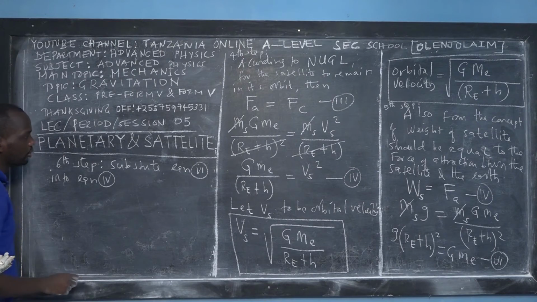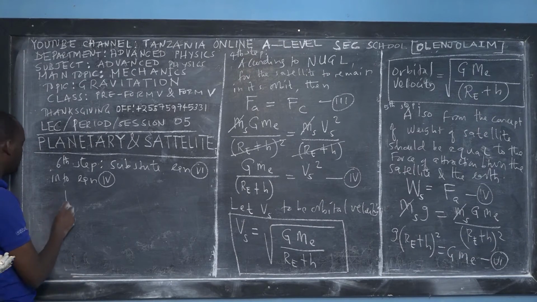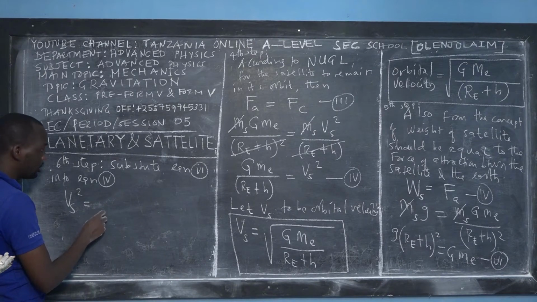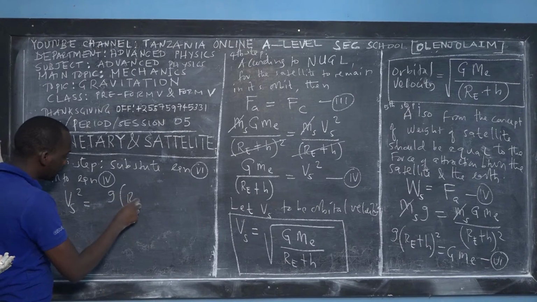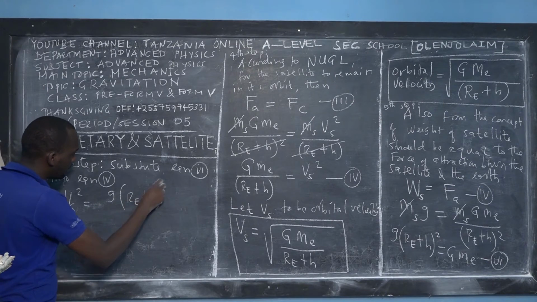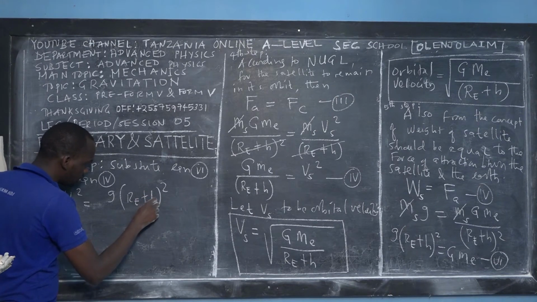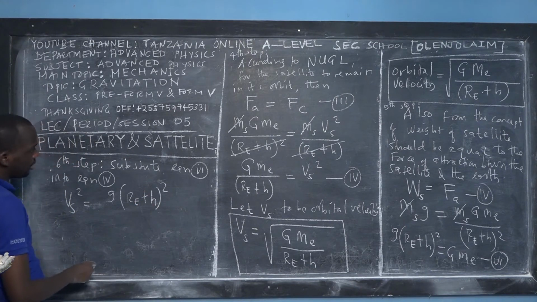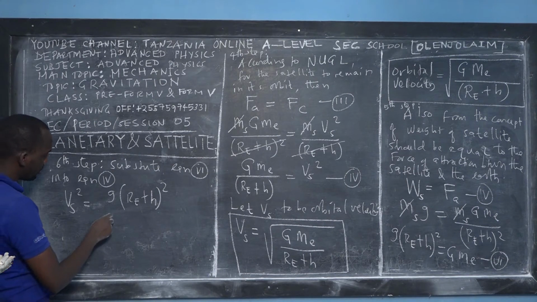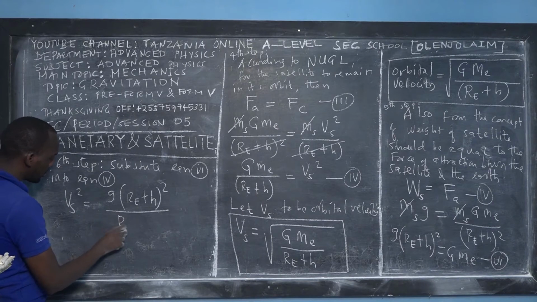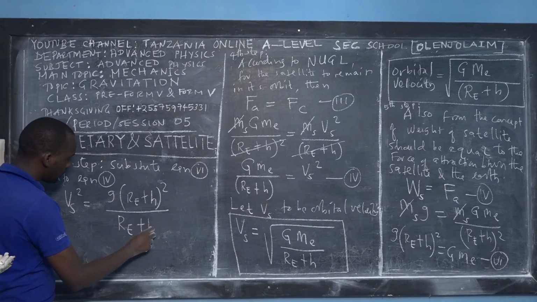Right? So we say that orbital velocity, Vs squared, is equal to what? Now G times radius of the Earth plus height squared, and then this one we divide with radius of the Earth plus h.